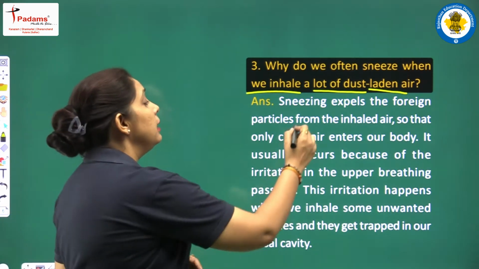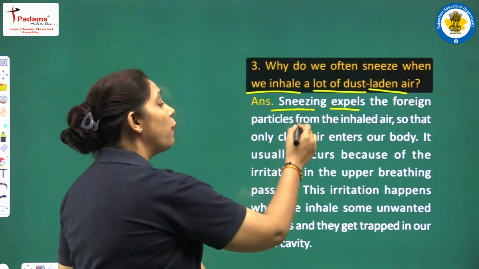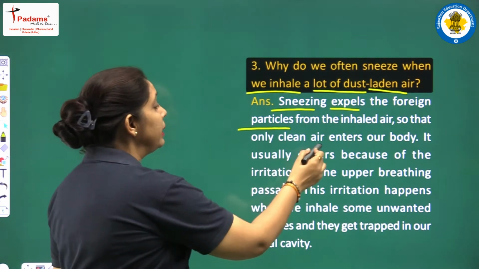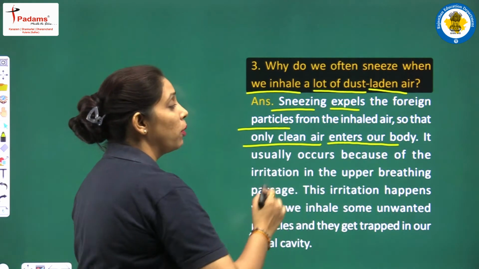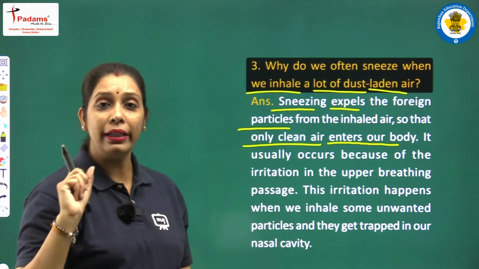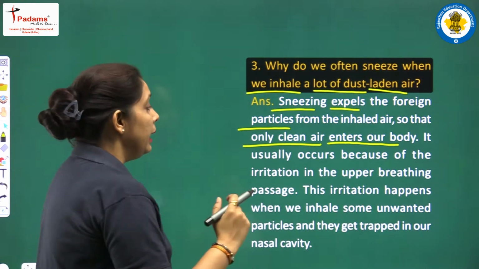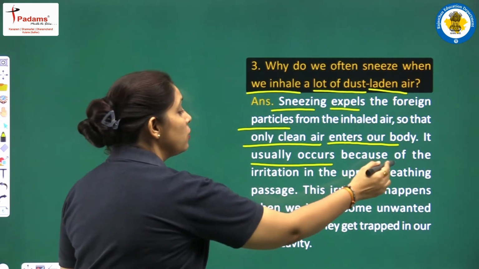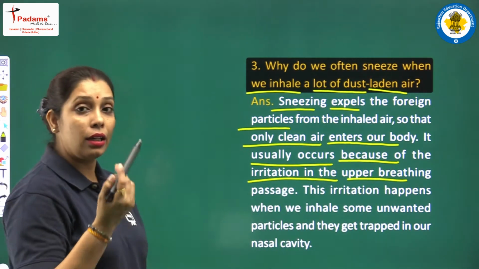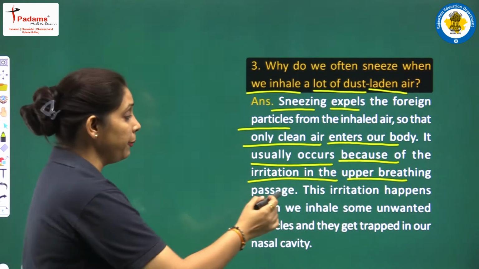We will write, sneezing expels the foreign particles from the inhaled air so that only clean air enters our body. And as you all know, in our nostrils we have small hairs, isn't it? It usually occurs because of the irritation in the upper breathing passage, and our upper breathing passage is that one.